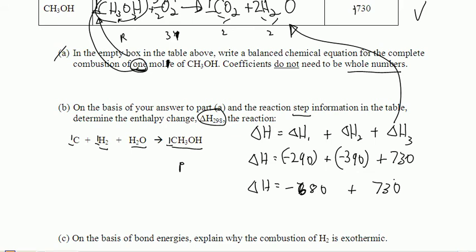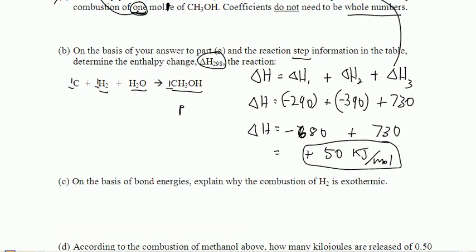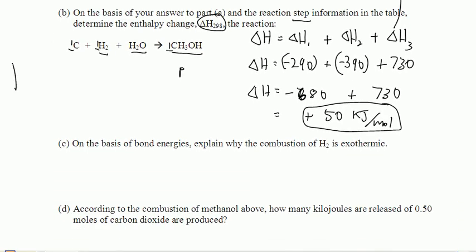Minus 680 plus a positive 730, that should give us a positive 50 kilojoules per mole for the delta H value. So that's your answer.